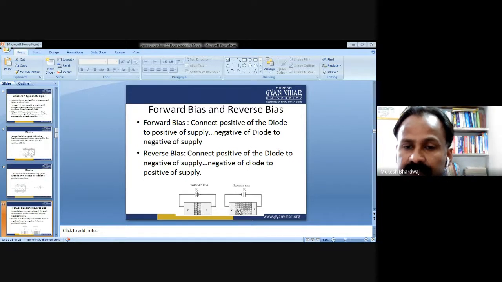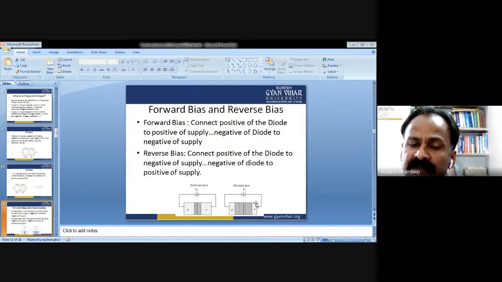But in the case of reverse bias, this depletion width becomes wider, because the majority charge carriers from the p side, the positive charge carriers, are attracted towards the negative terminal of the battery, and the majority charge carriers from the n side, that is electrons, are attracted towards the positive terminal of the battery.